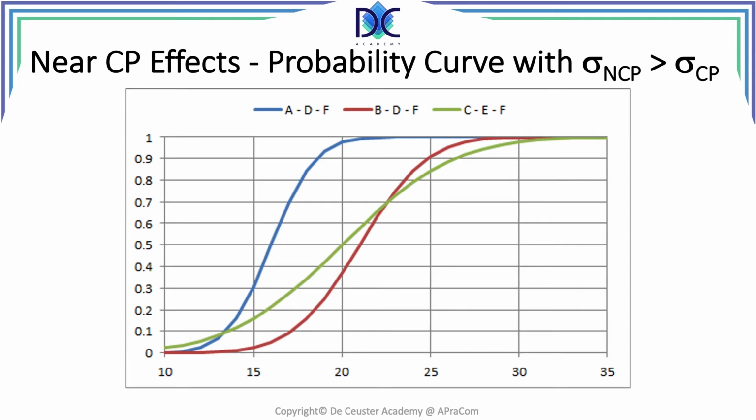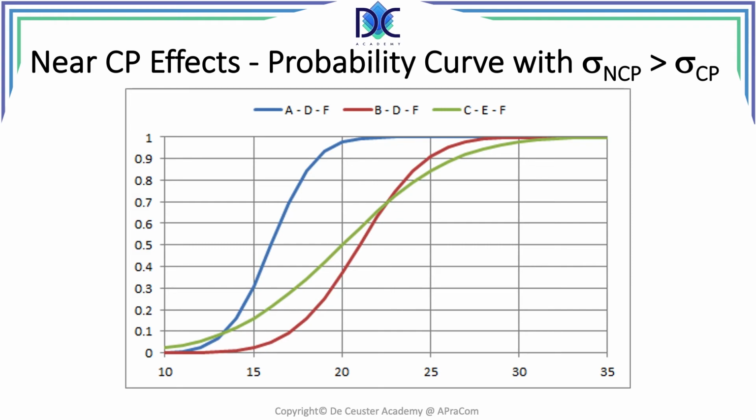And when we look at the relationship between duration and probability using the red curve, we also see that from a period around 23 periods, this is not the case anymore. And we don't see that typically using the PERT method. That's a disadvantage of the PERT method.